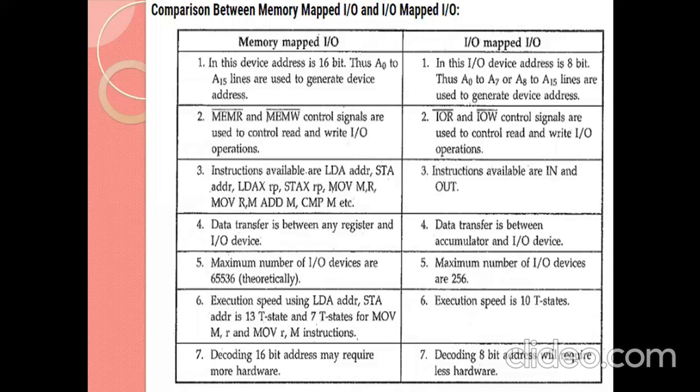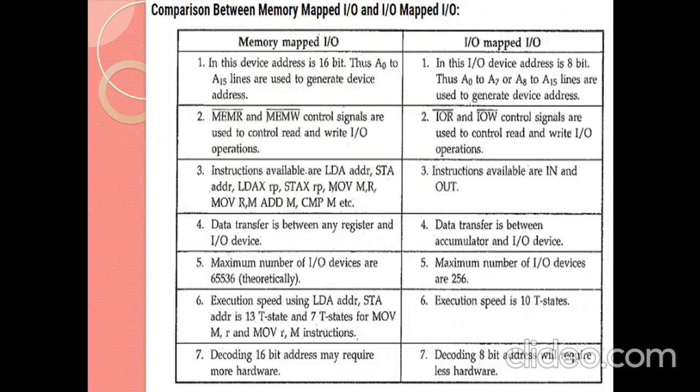In IO mapped IO, data transfer takes place between the accumulator and the output device. In memory mapped IO, the data transfer takes place from any register to the input device and output device. In IO mapped IO, the data transfer takes place only from the accumulator to the peripheral device.